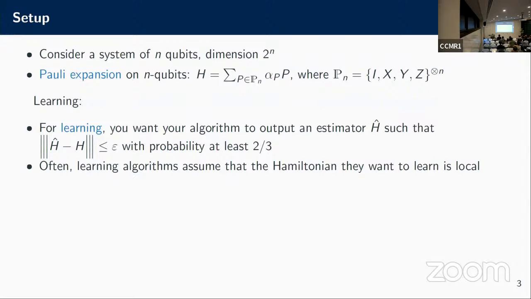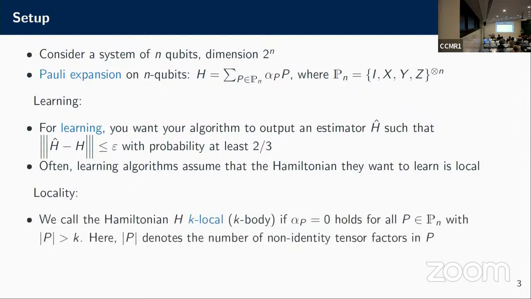But at the beginning of this project, we thought to ourselves, well, how do people know? I mean, how do you know that you're local and can actually do this? So this is basically where we come in. So what do we want to do? Well, first we have to talk about locality. Depending on the community, sometimes this is also called k-bodiness. So k-local for us means that all the coefficients alpha_P are 0 for the P's that have weight more than k.